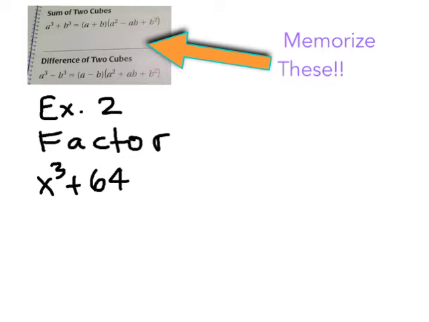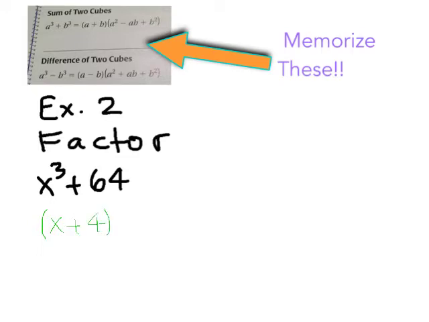They're really an easy pattern to remember, but you'll need to have them memorized for your test. It's not a horrible thing, but it is a little bit different. When you factor these two, basically what you need to see is whether you've got plus or minus. If you've got plus, then all you do is look at the cube root of x cubed, which is x, and the cube root of 64, which is 4.